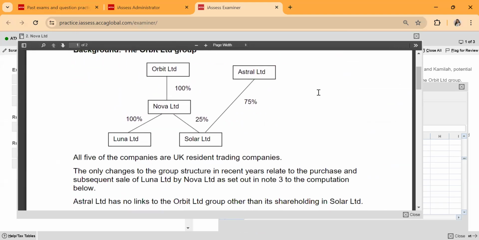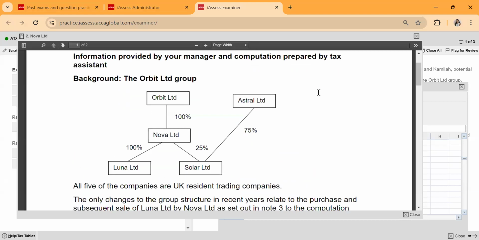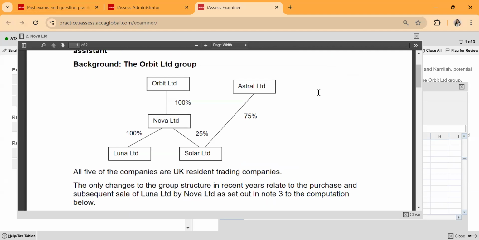Okay, so the background is given to you here. Information provided by a manager and computation prepared by tax assistant. Background is given for Orbit Limited Group.